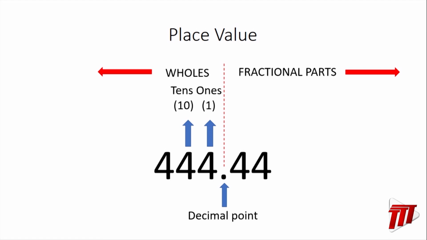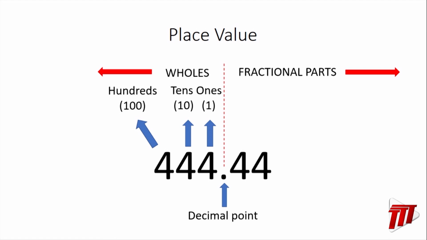So, to determine the value of the 4 in the tens place, we need to multiply 4 by 10 and we get 40. In this numeral, the leftmost 4 is in the hundreds place, therefore its value is 400.